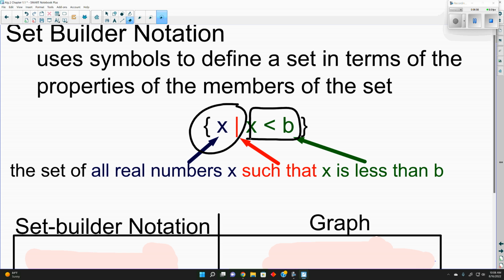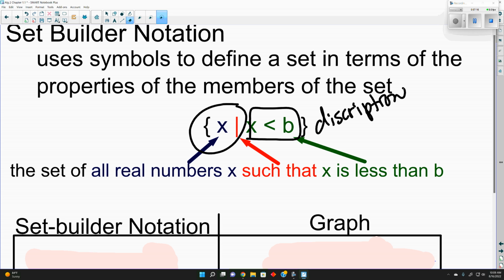This part here is just the description. What are we classifying? What kind of numbers do we have? Because this here is saying X is less than B for whatever number.